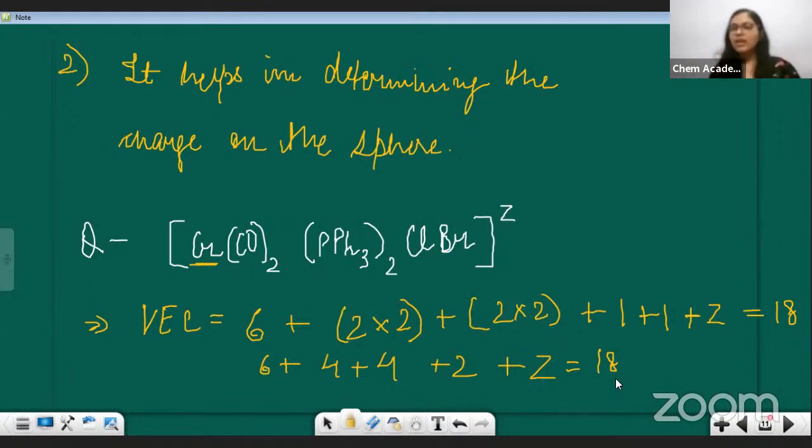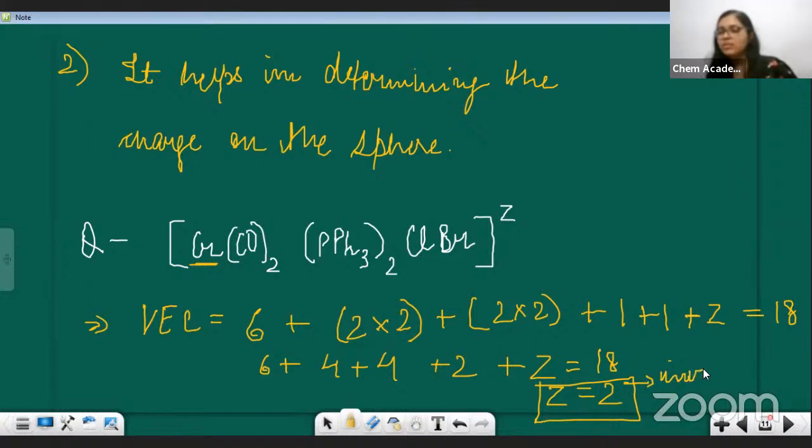You are telling me the final value of charge after changing the sign, then that is going to be -2, yes. So now Z is coming out to be 2 from here, but since we know that we invert the sign of the charge, after inverting the sign, it is going to be 2. All right.